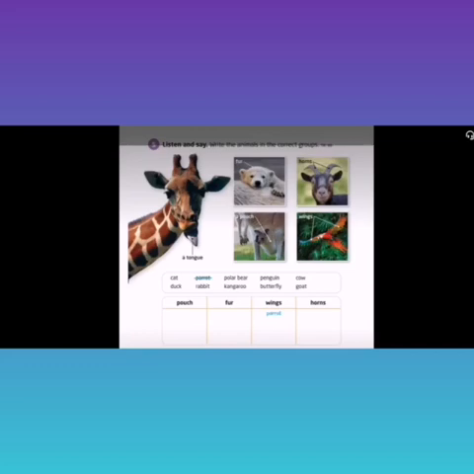Activity 5. Listen and say. Write the animals in the correct groups. A tongue. A giraffe has a long tongue. Fur. A polar bear has thick white fur.